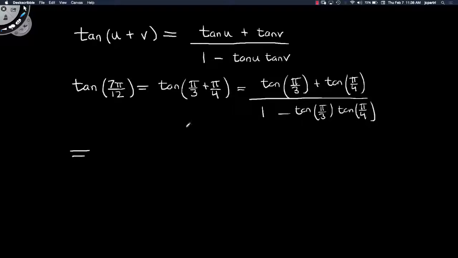Now the tangent of pi over 3 is the square root of 3, plus 1, over 1 minus the square root of 3 times 1. That's a minus. Oh, that's a plus. Sorry, my bad. Forgot my plus. Now I have to multiply the top and the bottom by the conjugate.